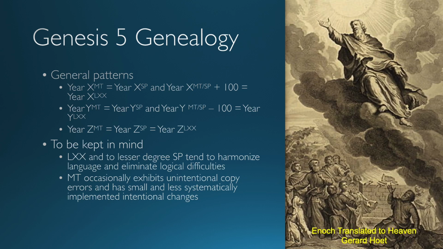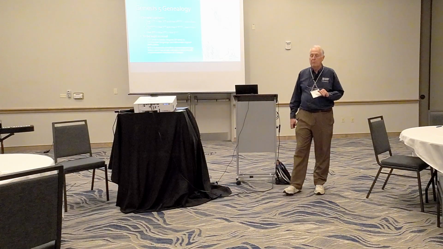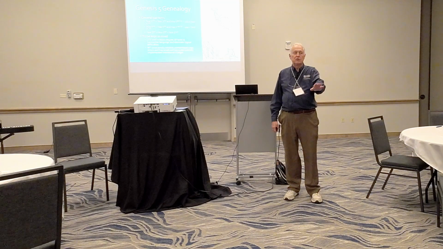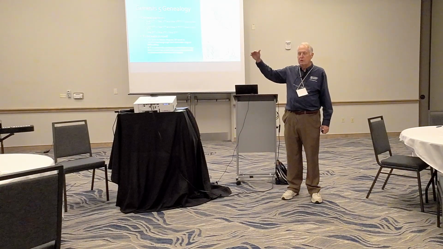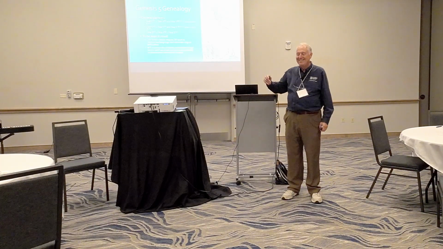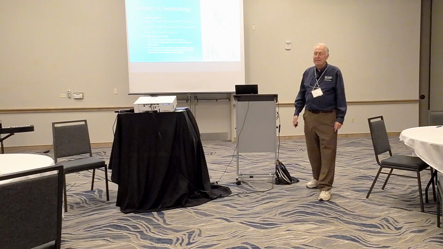Something like that is going on here. The Masoretic text occasionally exhibits unintentional copy errors and smaller, less systematically implemented intentional changes. So you can't rule out the possibility that the Masoretic text might have an intentional change, but they're smaller and less systematic. You'll notice the Septuagint in those numbers seems to do it pretty systematically. Okay, that's the difference.